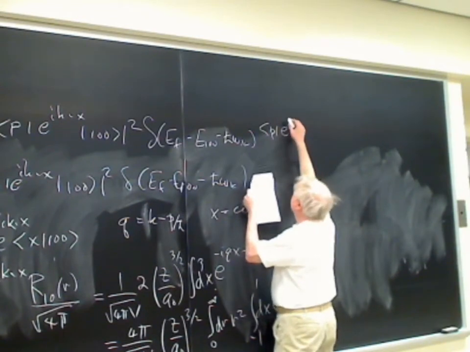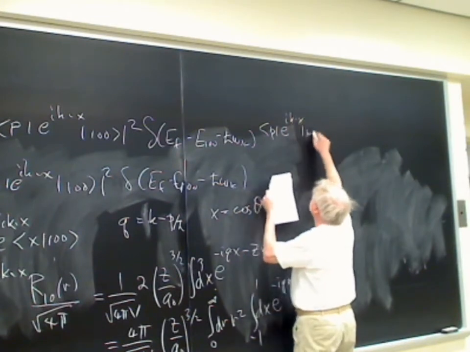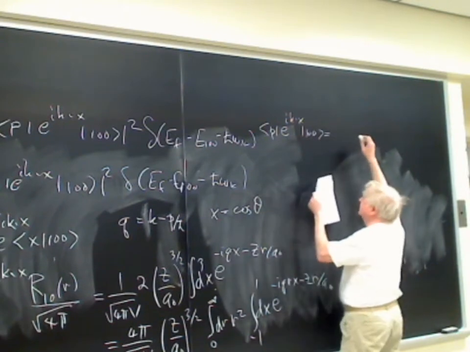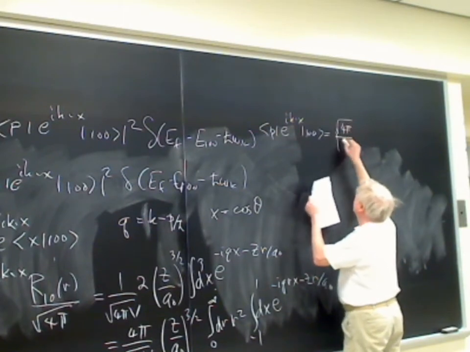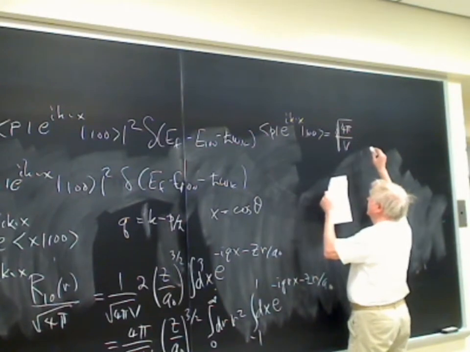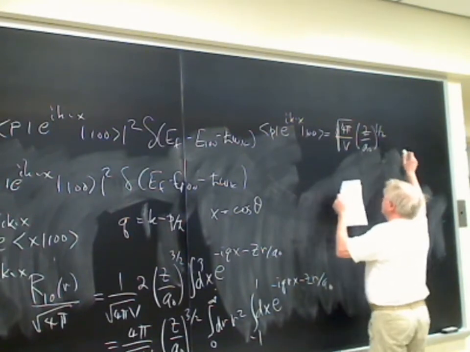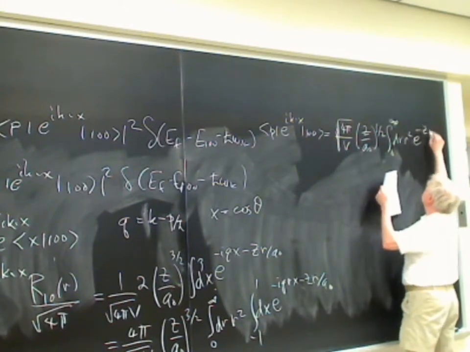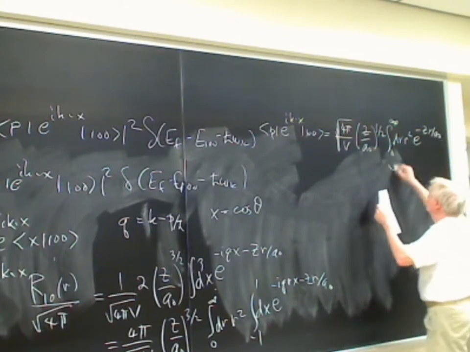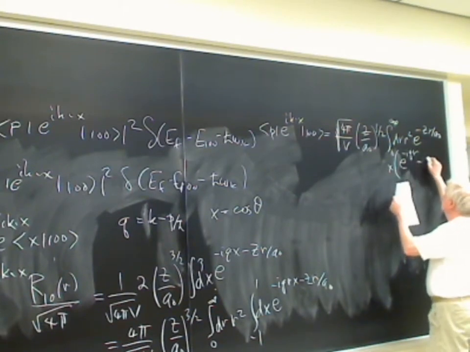Okay. So we've got then this p e to the i k dot x 100 then is square root of 4 pi over v, Z over A0 to the 3 halves, and then integral 0 to infinity dr r squared e to the minus ZR over A0, times the result of doing the x integration, which is e to the minus iqr minus e to the iqr over minus iqr.